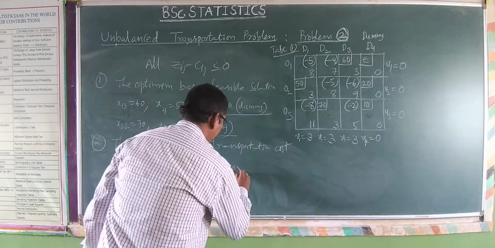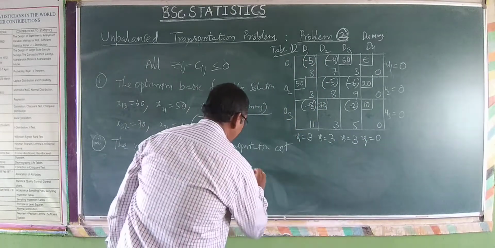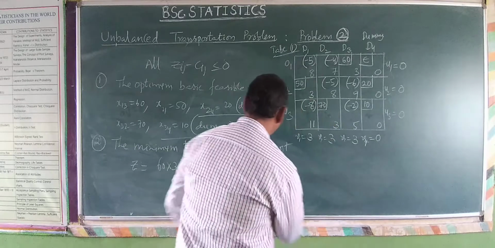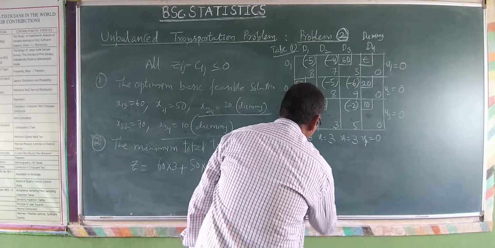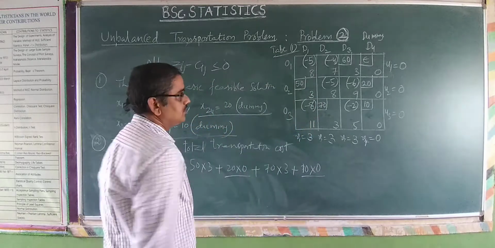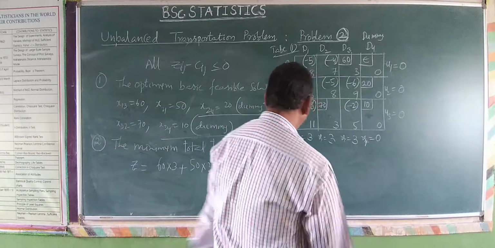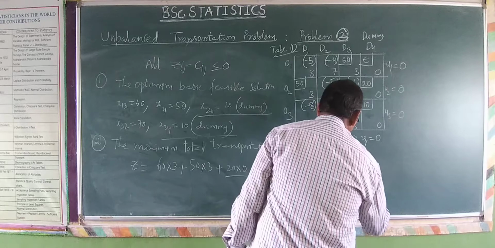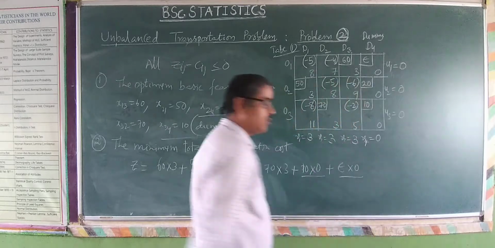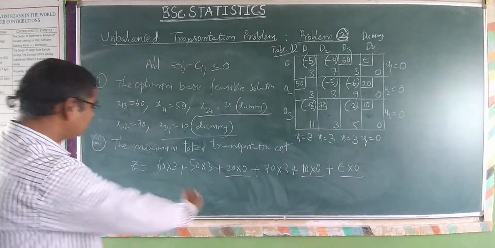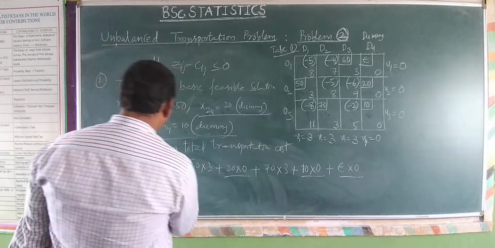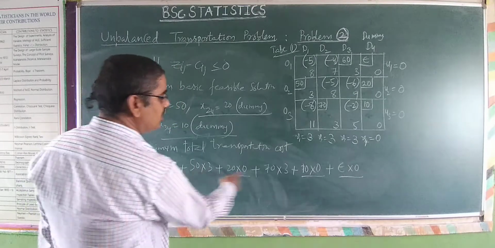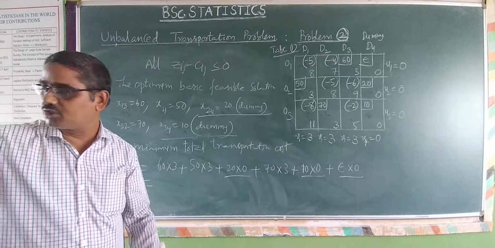Of course, it is a dummy value, so there is no need to consider it. And 70 into 3 plus again 10 into 0, which is also not to be considered. One more is epsilon, epsilon is 0, that's also not to be considered. Epsilon into 0 is 0. So 180, 150, and 70 into 3 is 210.